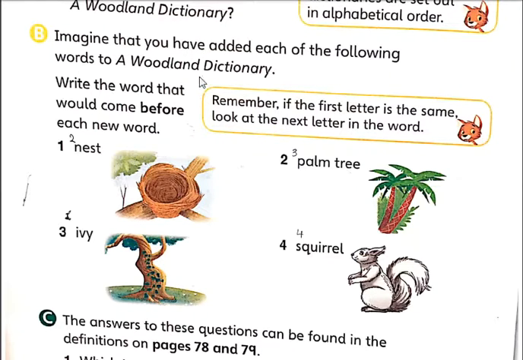Imagine that you have added each of the following words in a Woodland Dictionary. Okay, this is a little bit complicated. Here I have, for example, number 1, the word nest. The word nest starts with what?